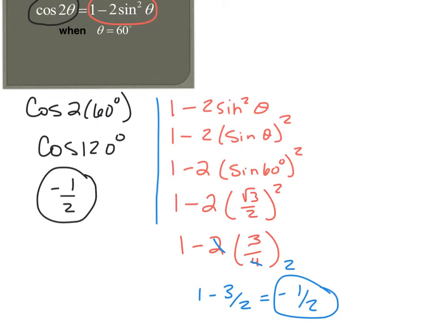Notice they're the same thing. The problems aren't always this cut and dry, but this shows that if I take an angle and double it and find the trig value, it's going to be the same as if I use one of these formulas. And if I used any of the other formulas, it would also end up being -1/2.